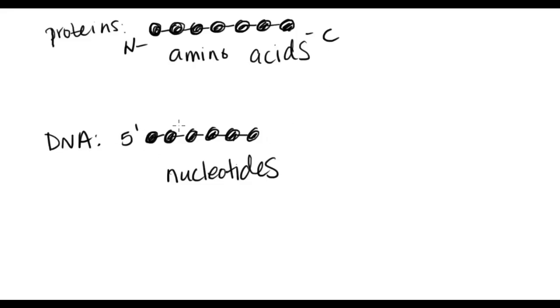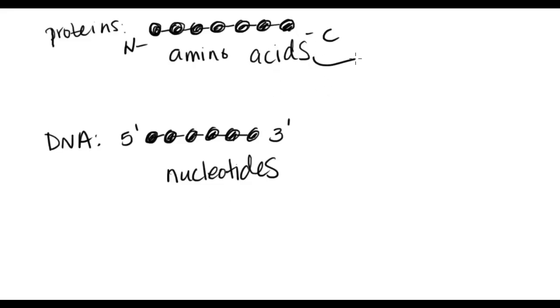DNA has a 5' end and a 3' end. So any sequence in this direction of amino acids for proteins or nucleotides for DNA is going to be a unique molecule with unique properties for a protein, or encoding unique information for DNA.